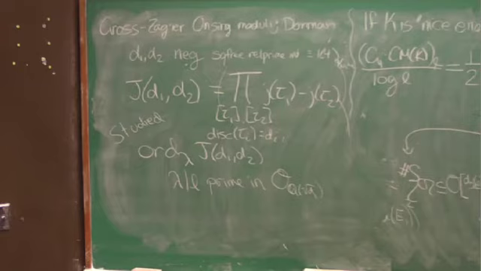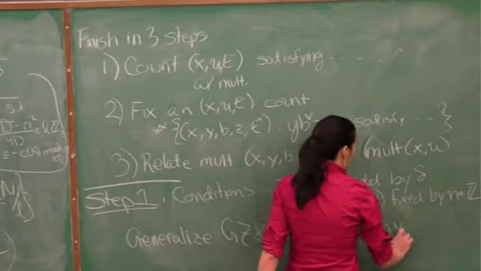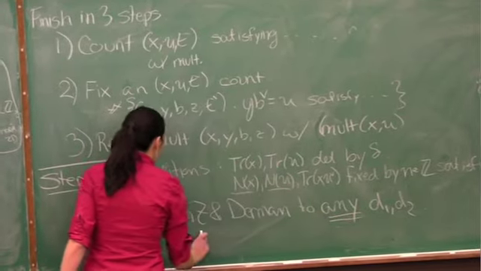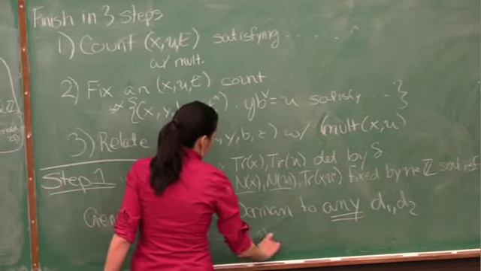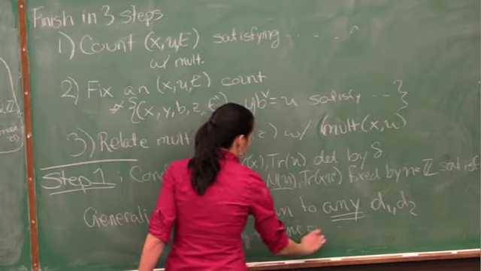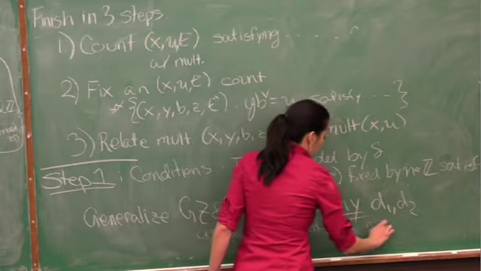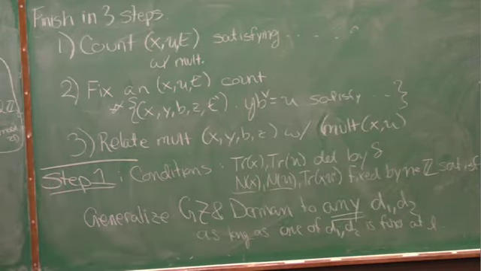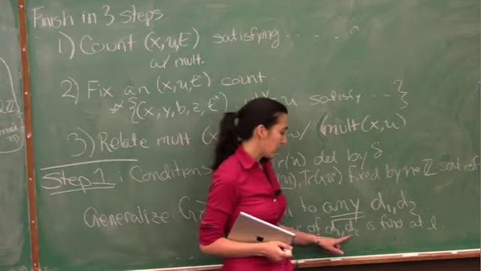So to count this, what we do is we generalize their work, Gross–Zagier and Dorman, to any D1 and D2, as long as one of these is fundamental at L. One of D1, D2 is fundamental at L. So that's the only information that we can get out of our setup, that we get discriminants, but L doesn't divide the conductor of both of them.